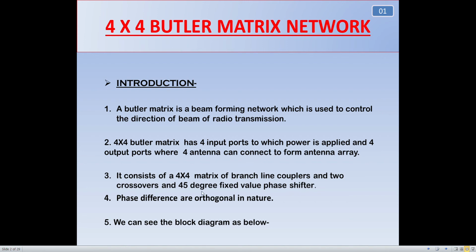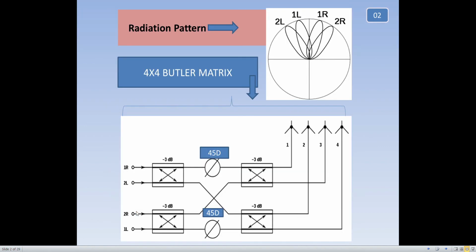I have told you this consists of 3 parts: the branch line coupler, the 45-degree phase shifter and the crossover. And one more thing I would like to tell you is that the outputs of this 4x4 Butler matrix network will have a phase difference of 90 degrees. It means that the output signals will be orthogonal in nature. Suppose we are receiving one signal here, another here, and others here.